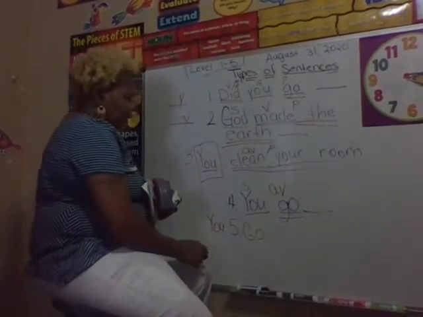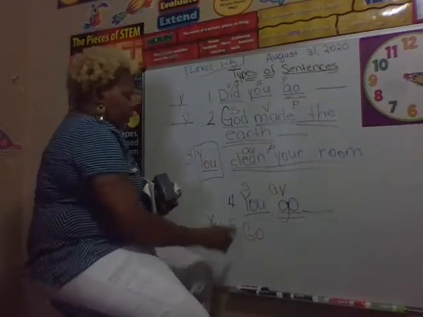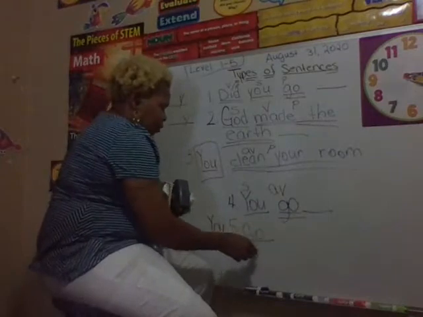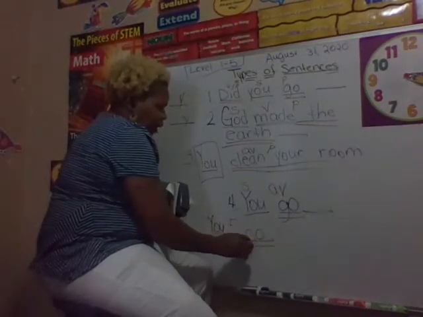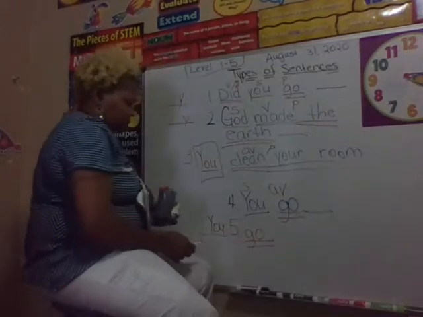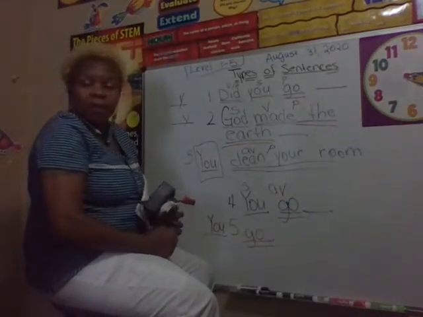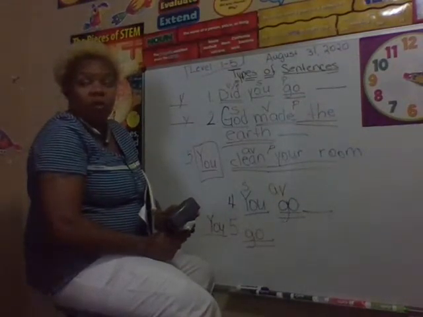The unidentified you becomes the subject. We just see it here. You go. And this becomes the predicate, the verb part, and the uppercase G turns into a lowercase g. Now, whenever you see a one-word sentence, most of the time it's an unidentified you in front of it.